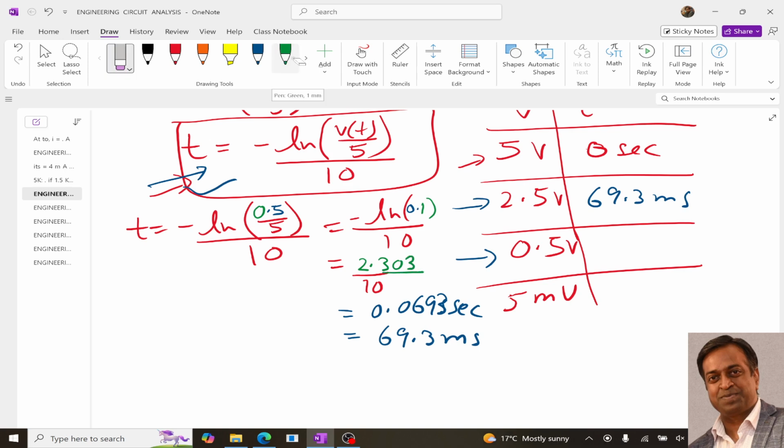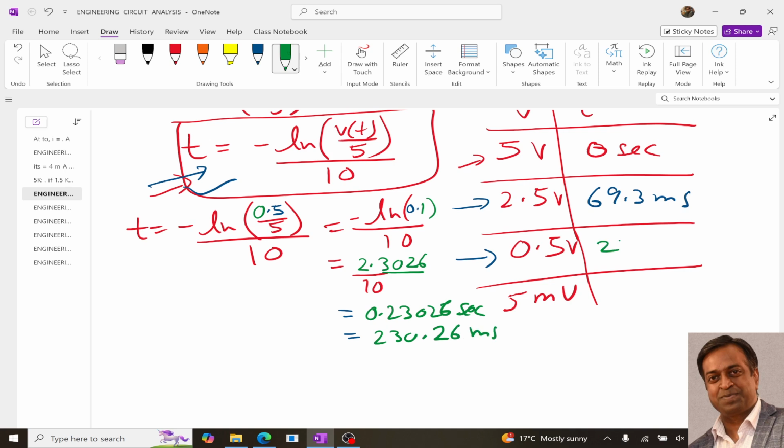Or 2 point, let me write it for two more decimal places, 26, right? So this term will be 0.23026 seconds, right? So in milliseconds it will be 230.26 milliseconds. And now for this 5 millivolt.